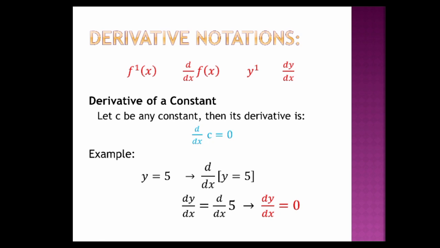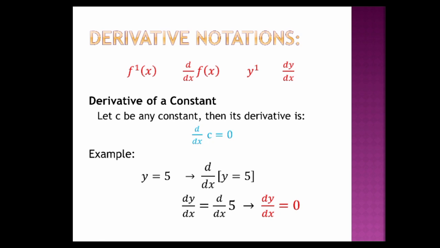Let's start with the first rule in differentiation, which is the derivative of a constant. For any constant c, its derivative d with respect to x of c is equal to 0. So any constant in the equation has a derivative of 0. For example, we have y equals 5.